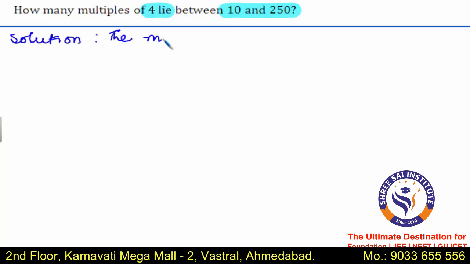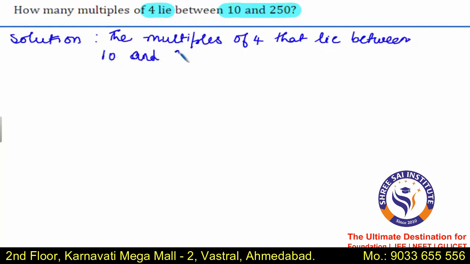The multiples of 4 that lie between 10 and 250 are 12, 16, 20, 24, and the last multiple is 248.